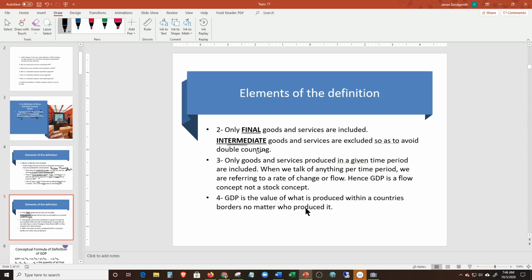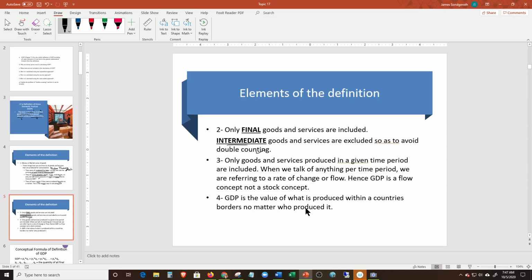And basically, the GDP would be much larger than it actually is if we included the value of the intermediate product when it was produced and then sold to the next step in the production or manufacturing process, and included in that step and the third step and the fourth step, and finally it's sold to the final consumer. And basically you would have the value of an intermediate product perhaps counted 4 or 5 times. We don't want to do that.